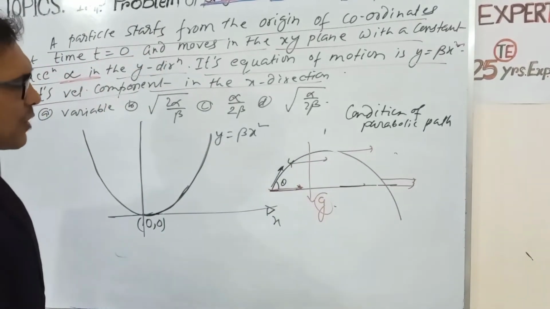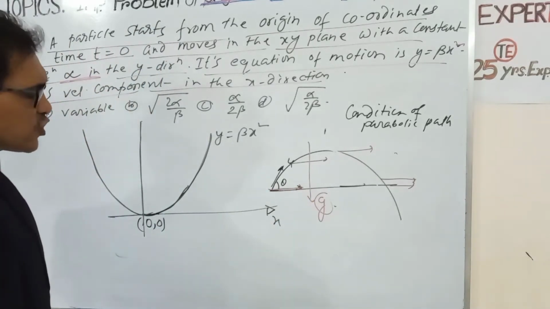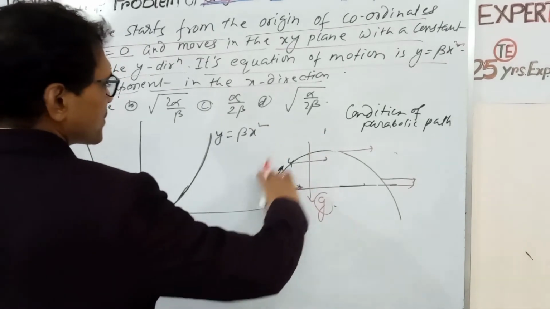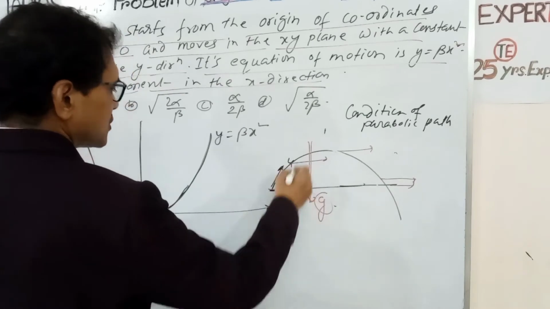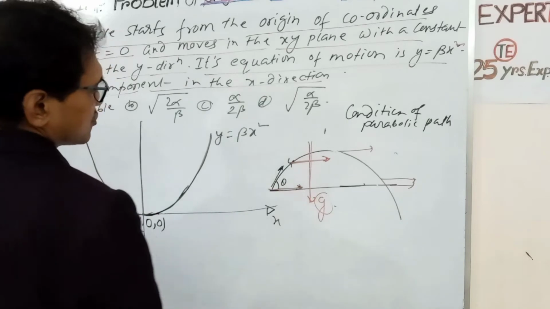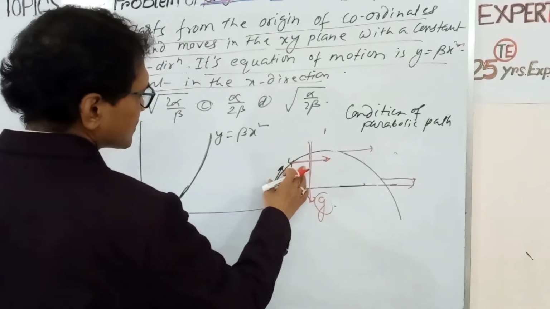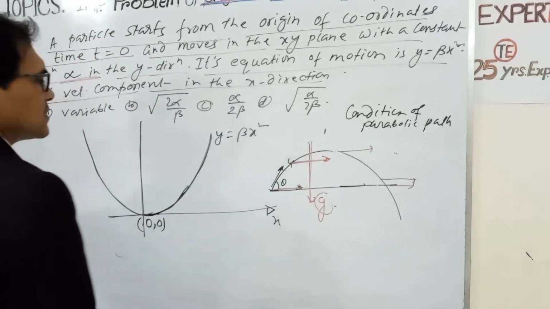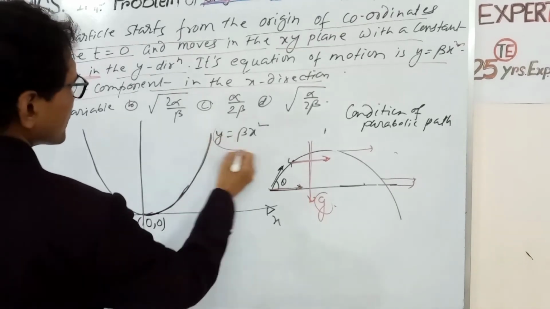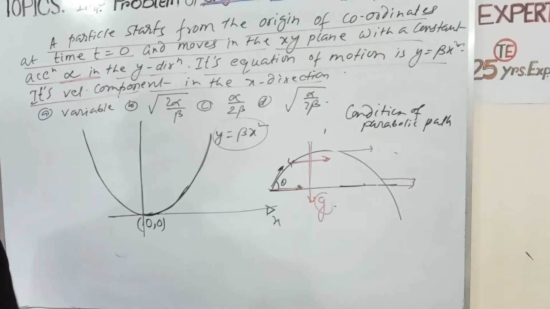So the condition for a path to be a parabola is that the horizontal velocity remains constant always, and the acceleration of the path is always vertical, perpendicular to the horizontal velocity. This is the condition for the path to be a parabola. So here this is the equation of the path, the equation of the parabola.